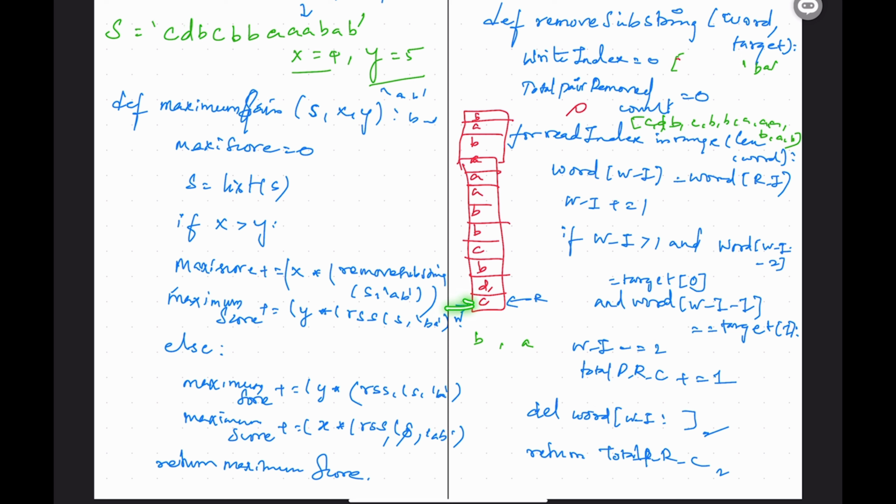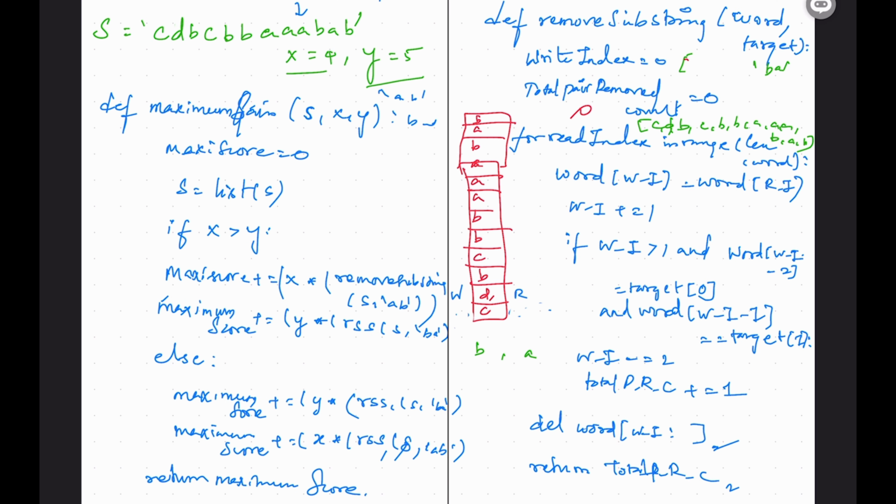Okay, now what is it doing? Right index is not greater than 1. We'll be just incrementing the right index. We are just assigning whatever the read index value is to right index. Both are equal, so we won't be doing anything. Now our right index will be going on, both are the same. Even if you change the word, it doesn't matter.